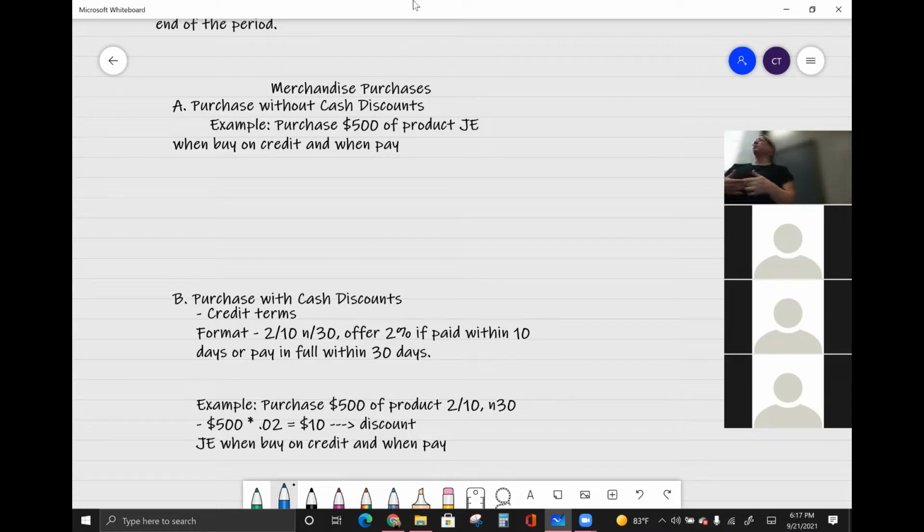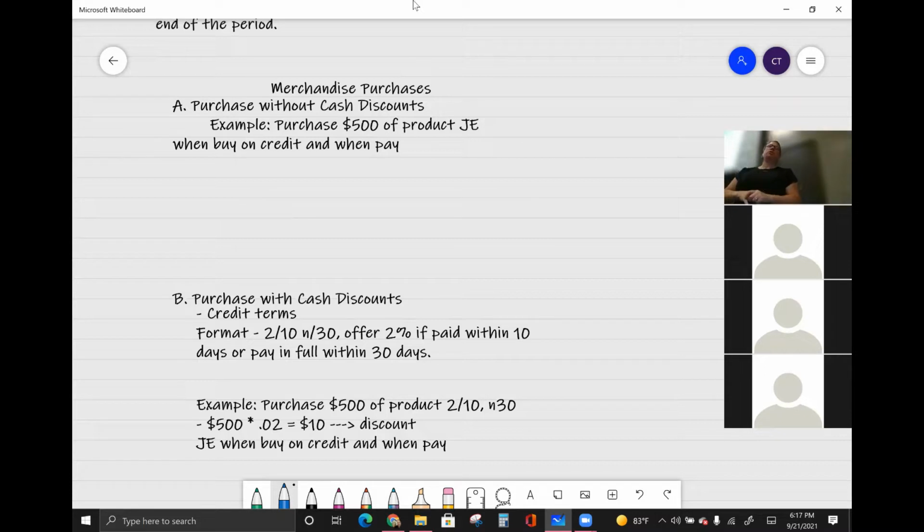They don't always offer it to you. They can be different. It doesn't always have to be the same. It allows the reseller or the wholesaler, whoever's buying that product and getting those terms, to have an opportunity, if you have the cash flow, to be able to save a couple of dollars. Okay, and you get that little discount, and that can be tracked a couple of different ways. So we'll talk about that too.